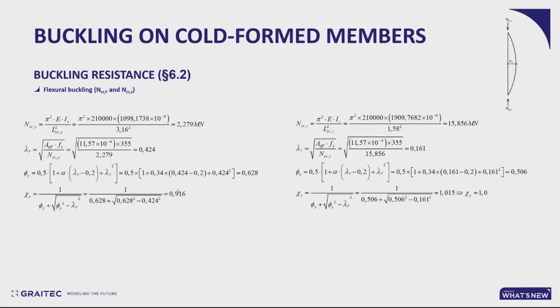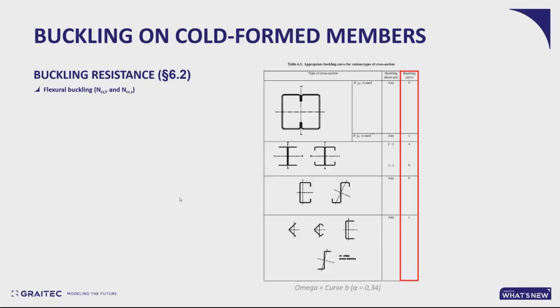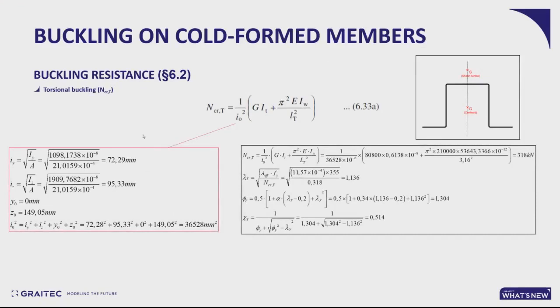And as you can see, the flexural buckling was not much of an issue there, because at worst you've got a 10% reduction on the resistance. But then you've got the torsional buckling effects, which depend on the torsional and warping resistance, which are very low there, and also this I0 parameter depending on the distance between the center of gravity of the section and its shear center, which is very far away, giving you a significant value for I0 and lowering the critical force for torsional buckling.